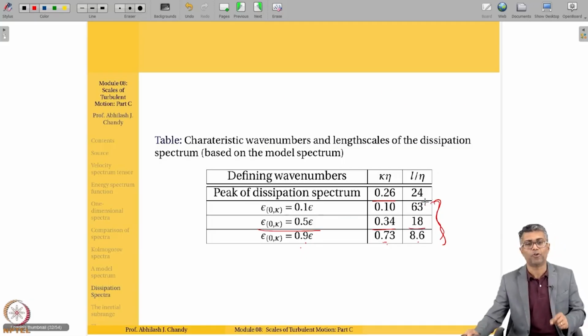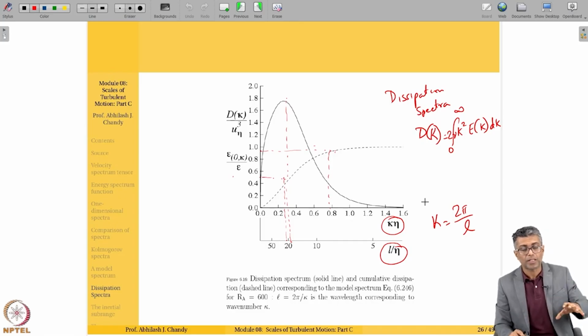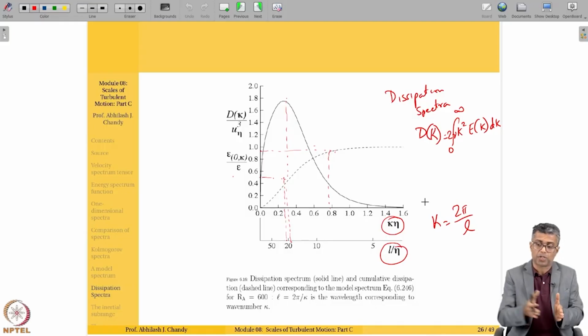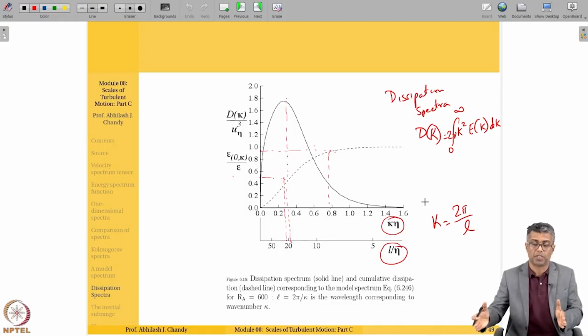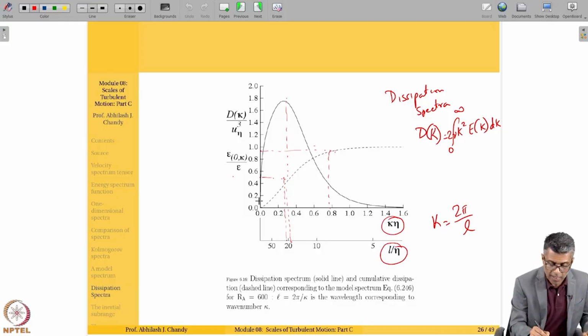That is how helpful plotting the dissipation spectra was. We looked at the dissipation spectra and the cumulative dissipation in order to assess all of this. Because the cumulative dissipation showed basically that 10% of the dissipation to 90% of the dissipation, that is basically 80% of the dissipation, occurs between a certain range of length scales. So if you see here, it is 0.1 to 0.9.